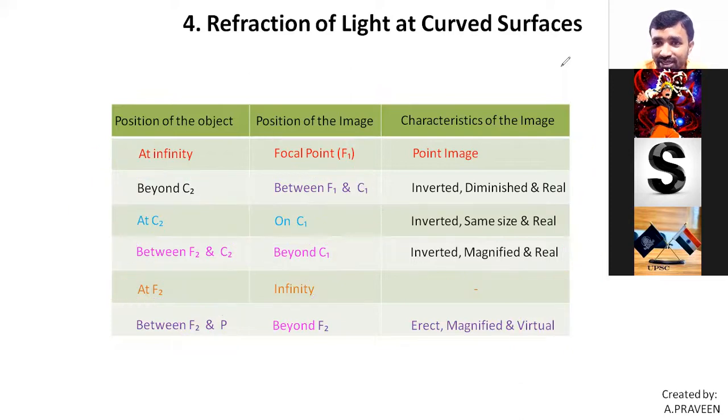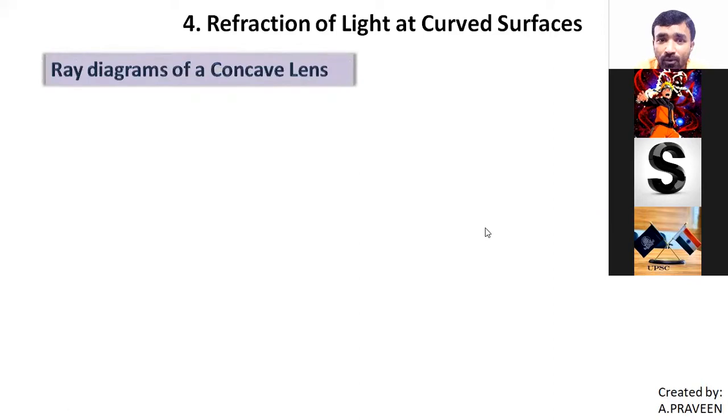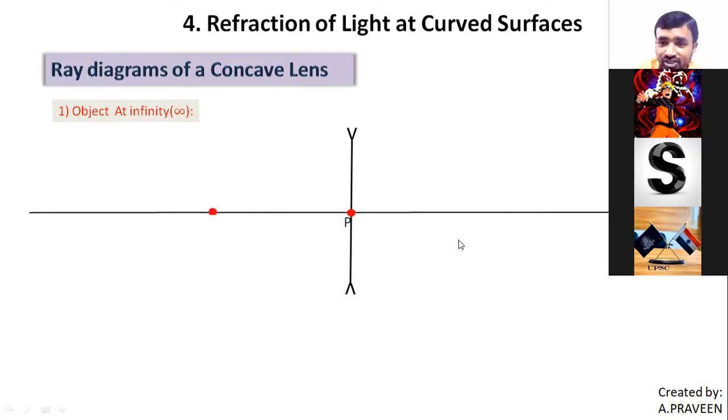So now the topic is changed. That is ray diagrams of a concave lens. What are the various positions possible in this case? Concave lens, same positions: at infinity, beyond the center of curvature, at the center of curvature, between the center of curvature and the focus, at the focus, then between pole and focus. So these are the possible places.